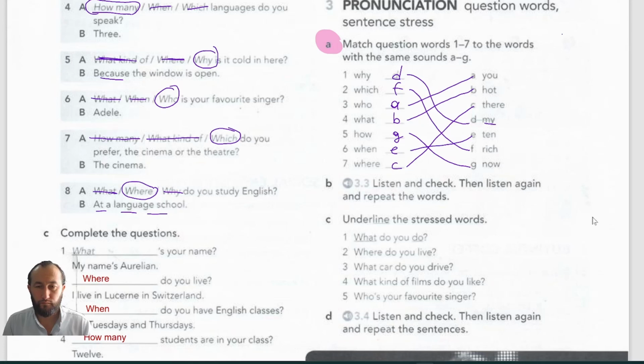What. Hot. 5. How. Now. 6. When. Ten. 7. Where. There.